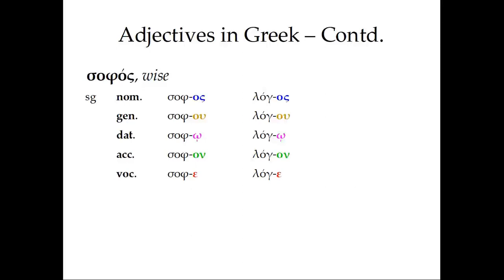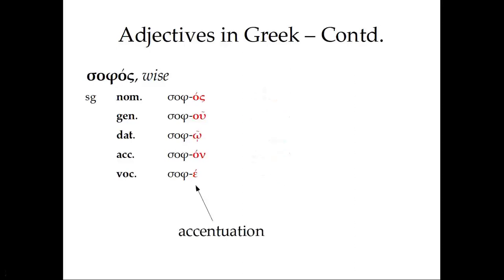Now there's one little bit of difference here. The accentuation is going to be different because the base form of this word is accented on the ultima, and that is going to affect our accentuation here. We're going to get an acute on the ultima in the nominative, accusative, and vocative, and a circumflex in the genitive and dative.